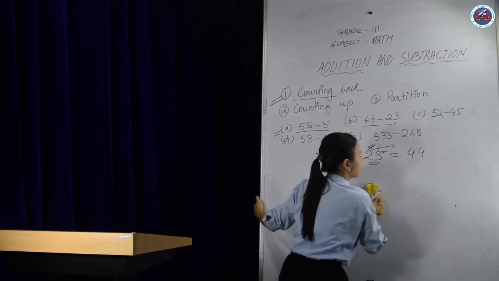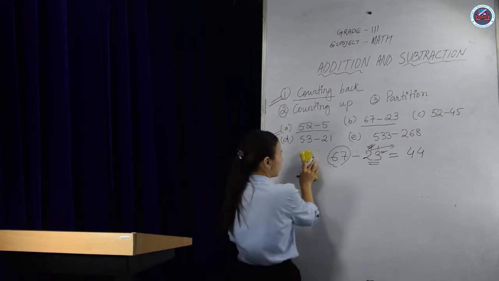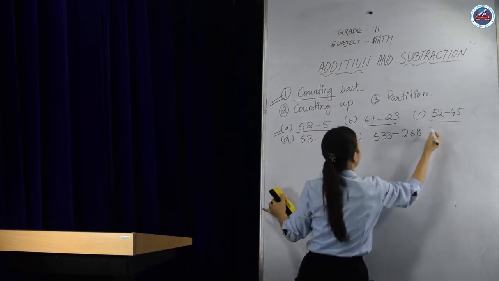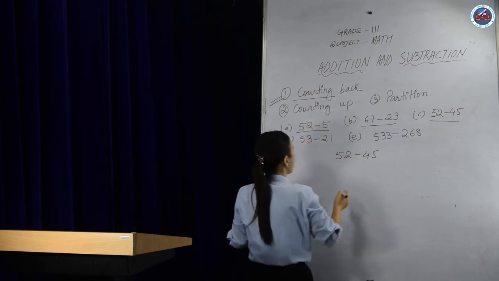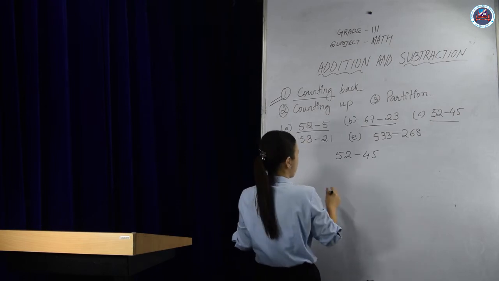Now let's go to the next one, that is counting up. For this counting up, we're going to use this number, that is 52 minus 45. So for this counting up, we're going to count up to the ones first.